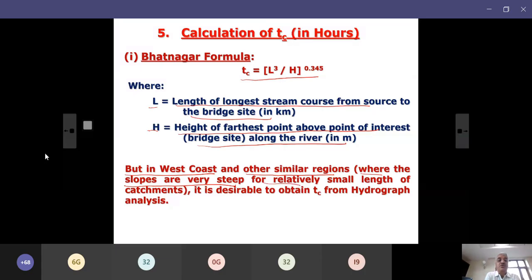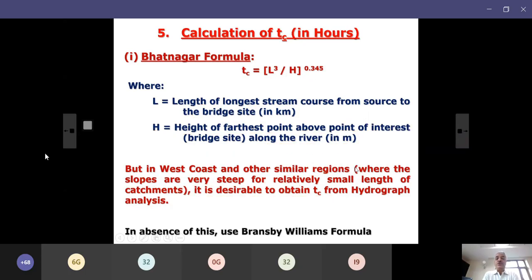So it says for those, either you obtain TC from hydrograph analysis. आप hydrograph से TC निकाल लीजिए. You will see hydrograph, आप सब जानते हैं, and we will just quickly rephrase it or summarize it after this. और यदि वो नहीं करना चाहते हैं, it says still if you don't have hydrograph, because getting hydrograph is not an easy thing, then there is another formula, what is known as Brensby-Williams formula.